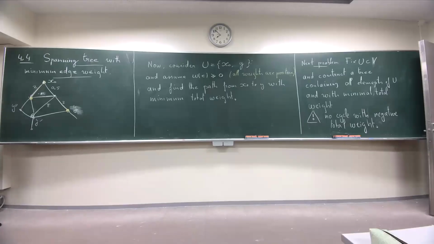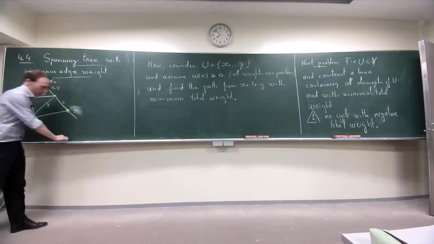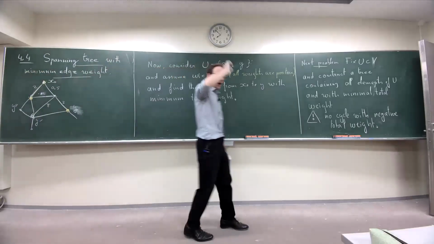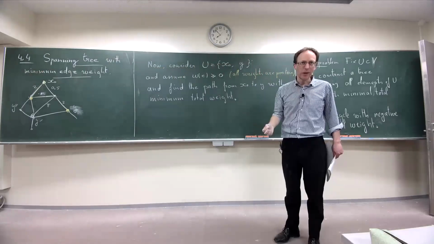Still, it's the same question: from x0 to y with a path of minimal total weight, but y is arbitrary. The algorithm is more clever if you do it simultaneously for all y.